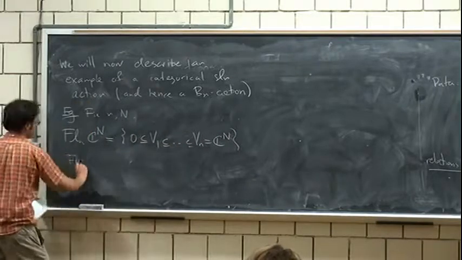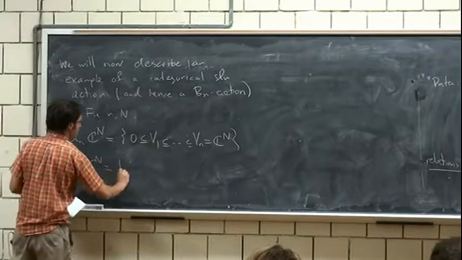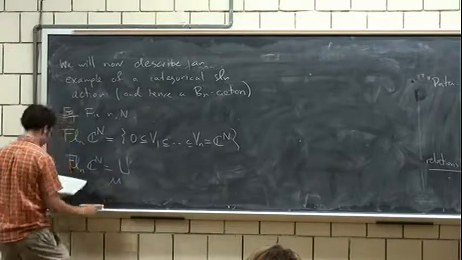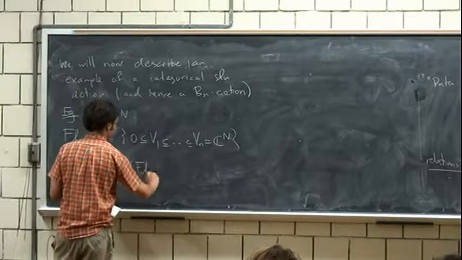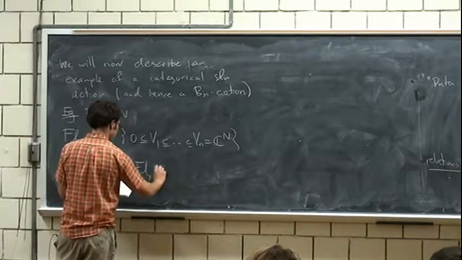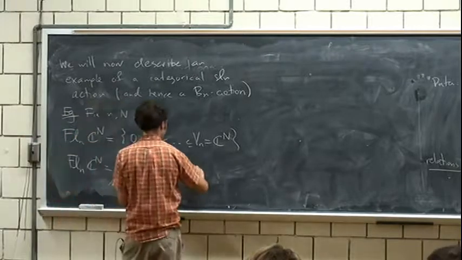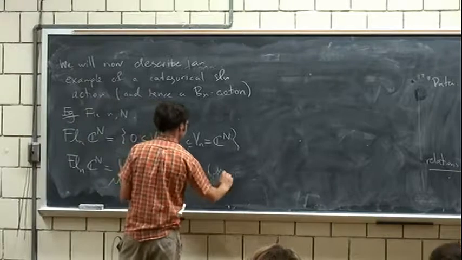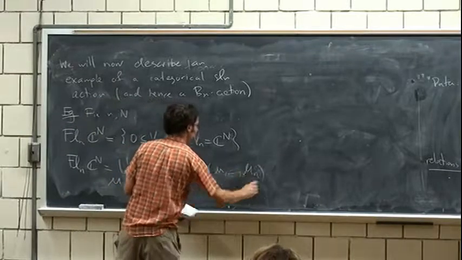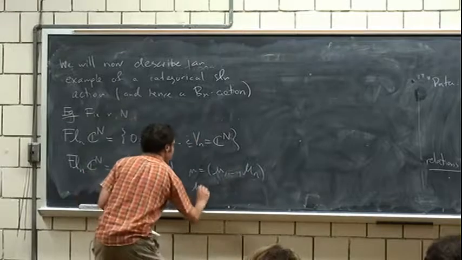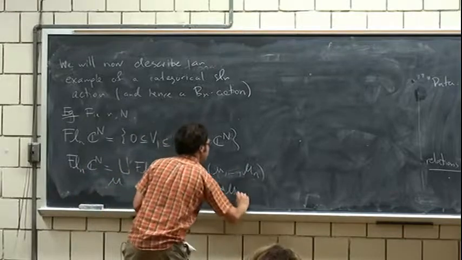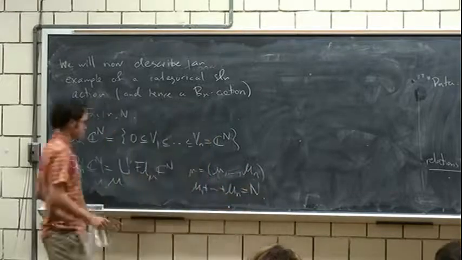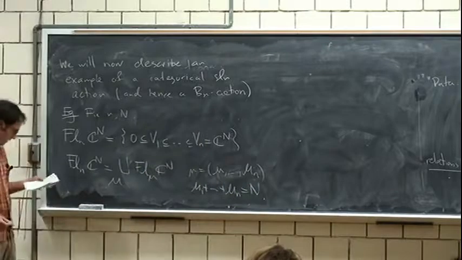So it breaks up into connected components according to the dimensions of these V_i. This mu will denote the dimensions. So the V_i are, more precisely, the jumps between the dimensions, and mu is some partition of capital N with n parts.